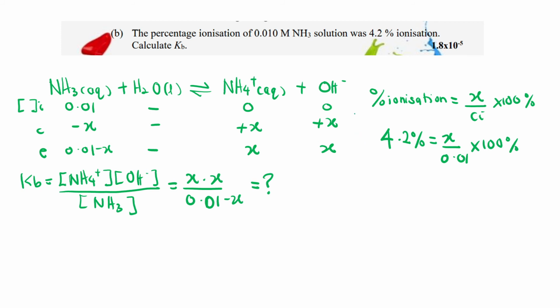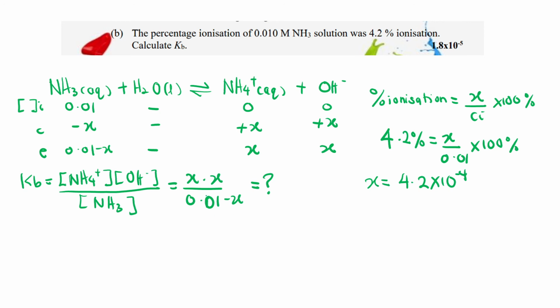So solve for X, selesaikan untuk nilai X, kita akan dapat daripada expression kita X is equal to 4.2 eksponen negatif 4.